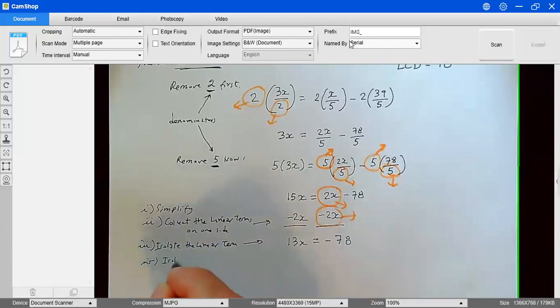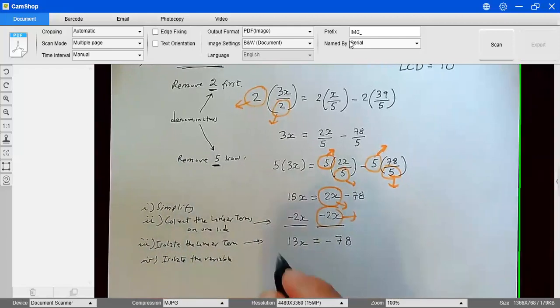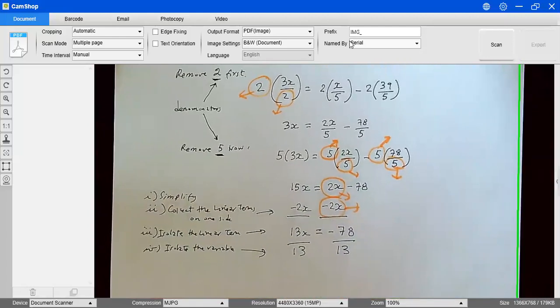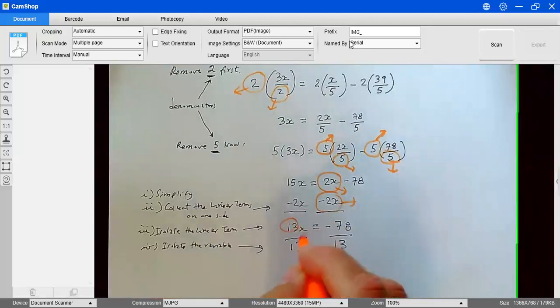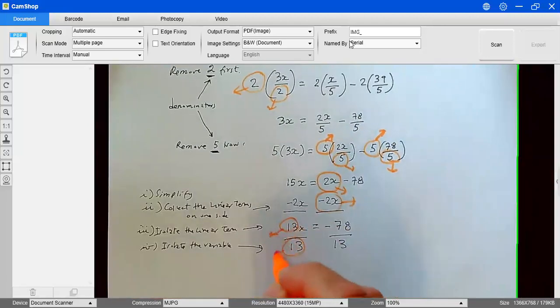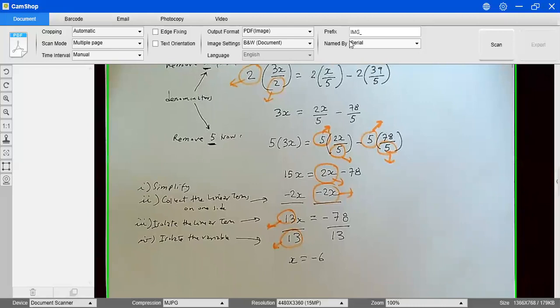We're going to isolate the variable now. So to isolate the variable, we're going to divide by its coefficient. So in that way, we're gonna remove the coefficient. So we end up with x only on the left-hand side, and we're gonna use our calculator, and you're gonna find that this is equal to -6.